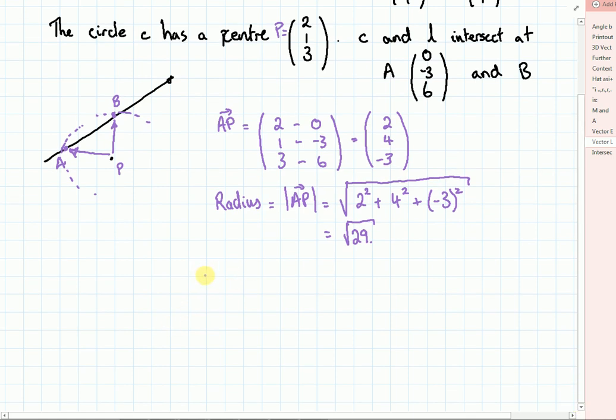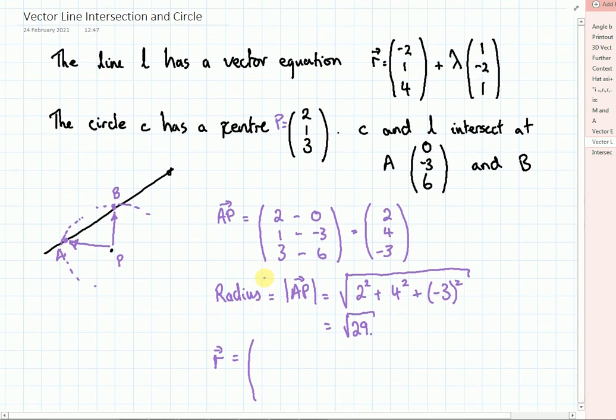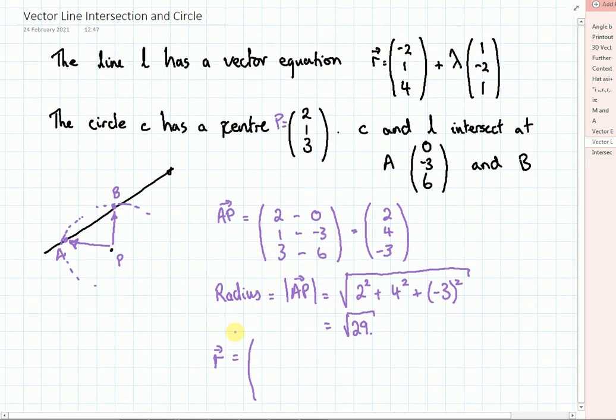A position on the line R is given by, and we want it relative to P. So it's going to be minus 2, 1, 4, plus lambda times 1, minus 2, 1.